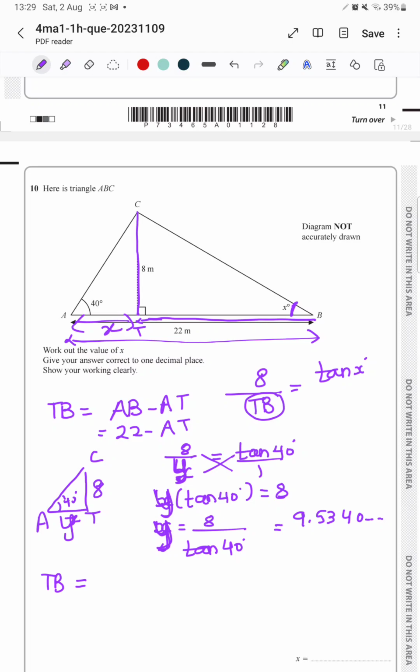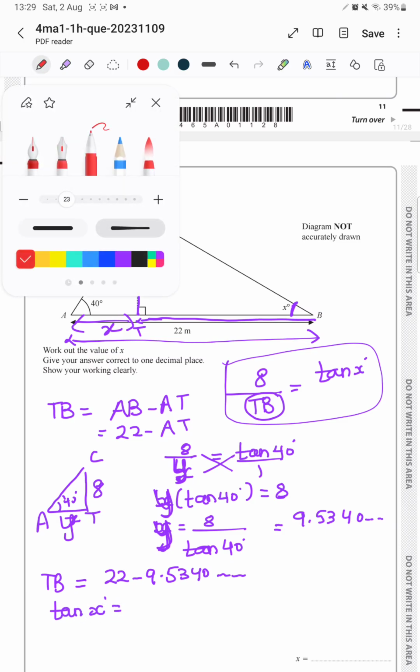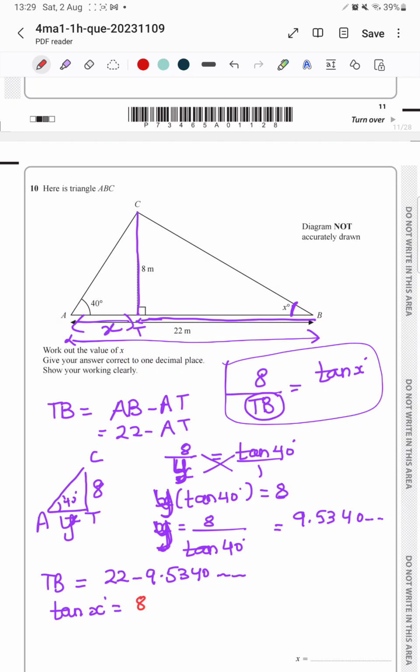Now what I need to do is find out TB. So TB is equal to AB, which is 22, minus 9.5340, and so on. Now let's get back to this point. So we know that tangent x degrees is equal to 8 over TB, or I can say x is equal to tan inverse of 8 over TB, and TB is 22 minus 9.5340.